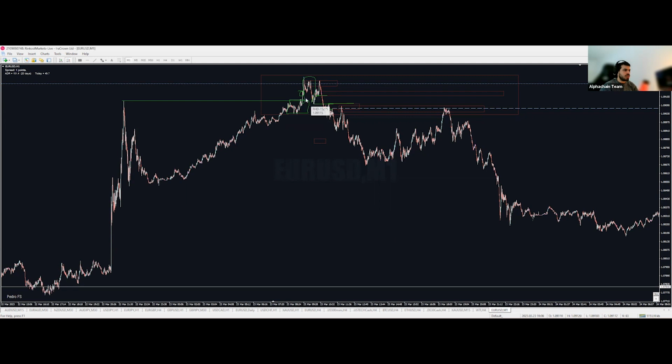So just wait to see if this demand zone is respected and price wants to go higher, or if by any chance this demand is broken, and that's when you have the trigger to look for the confirmation, to look for the sell in here, right? Try to find exactly where that level of structure is to do that.